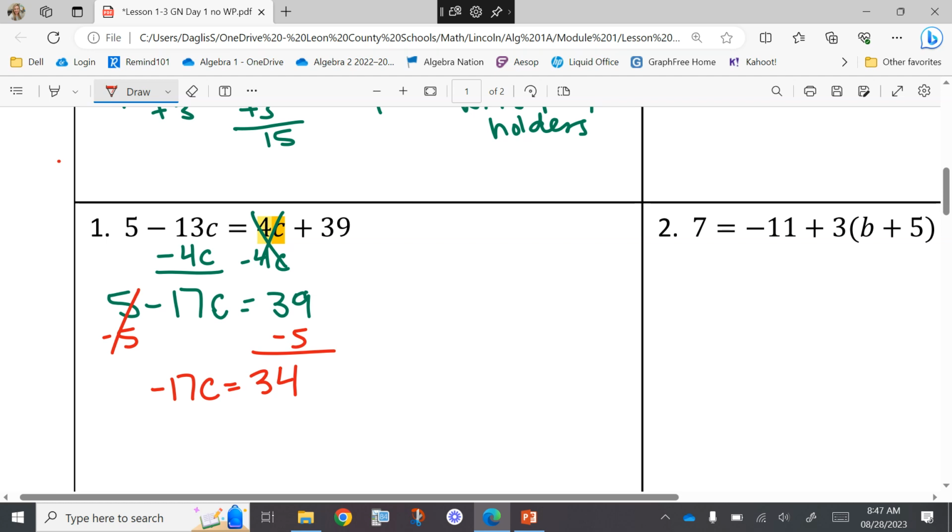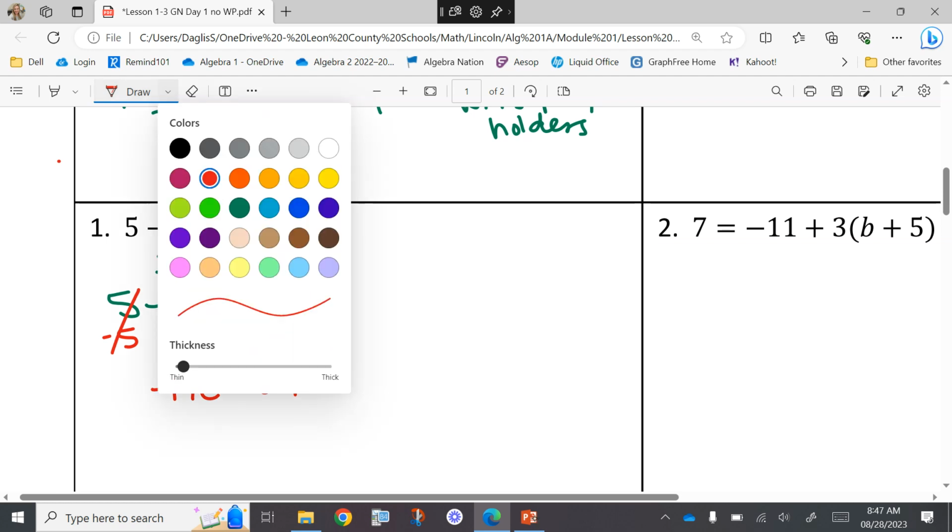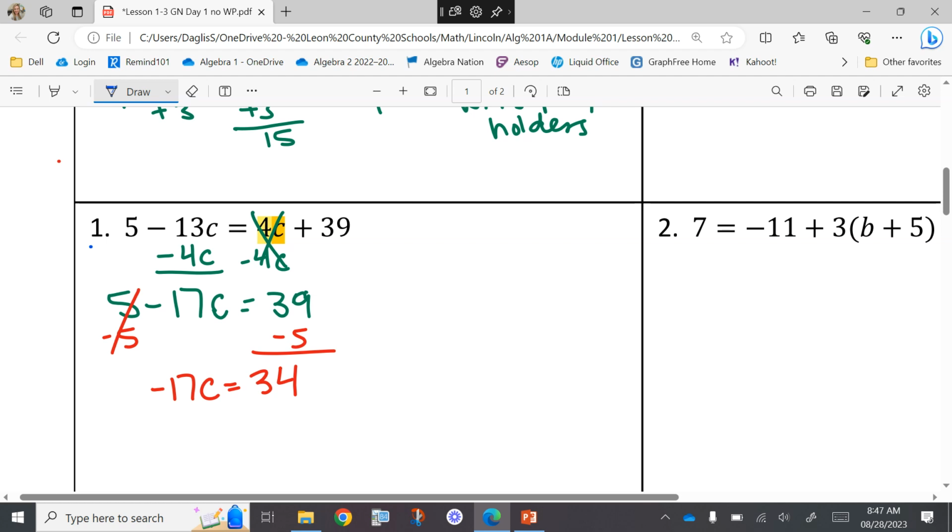Okay. So now I have negative 17c equals 34. Is my variable by itself? Not quite. There's still what attached to it? Negative 17, and how am I going to get rid of it? Divide. So like if I were to add it over, I would. But 17 and C are attached to each other right now by multiplying.